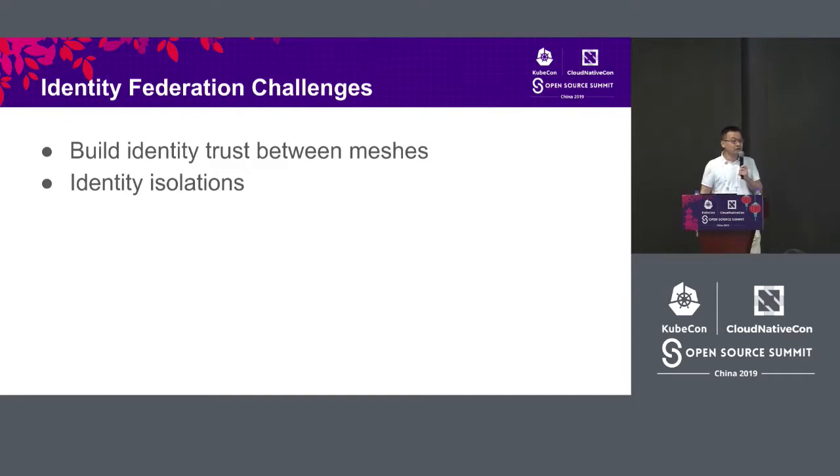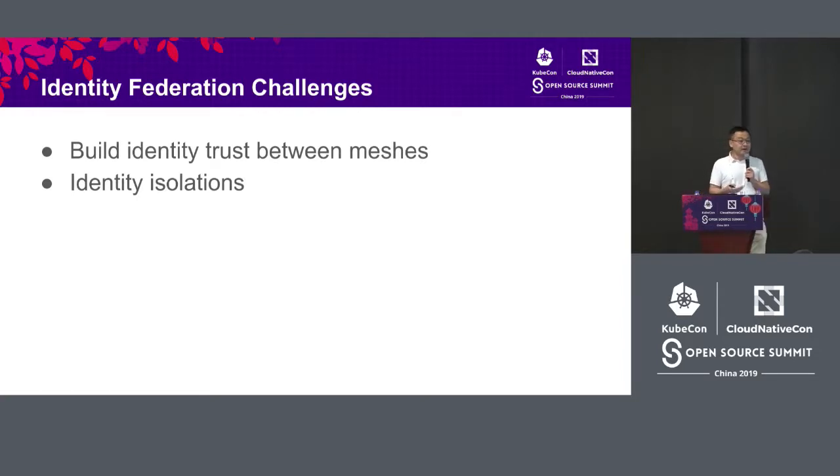There are many challenges in service mesh federation: identity federation, service discovery federation, and also observability federation. For this presentation, we are mostly focusing on identity federation. And there are two fundamental challenges. First, we need to build trust between meshes. When you receive a request from another mesh, how do I trust the identities so I can apply appropriate policy to give it the right privileges to access your service?